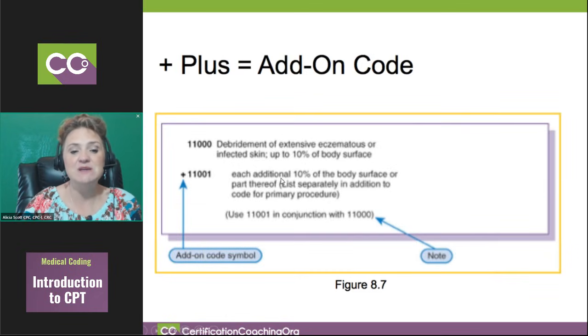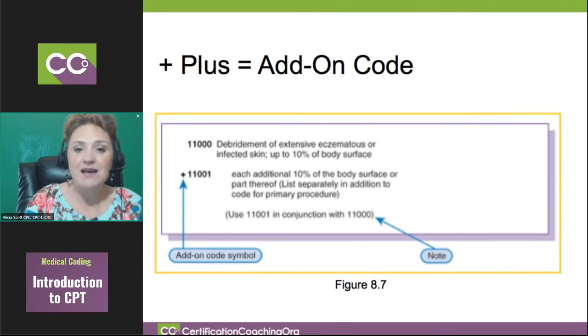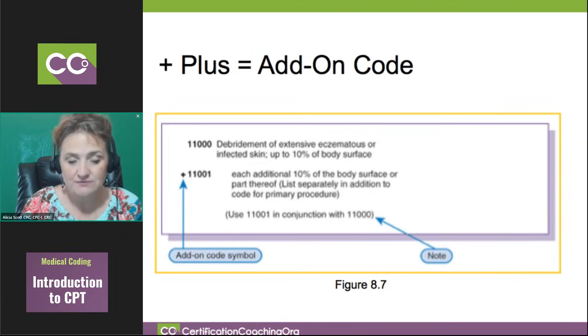It's an add-on code. It's a supplement. It means that there's more to the code that we need to add, but it doesn't have its own standalone code. You will never see this code used by itself, right? You will never see a code with a plus symbol used as a first listed. It always has to be a backup to another code, right?